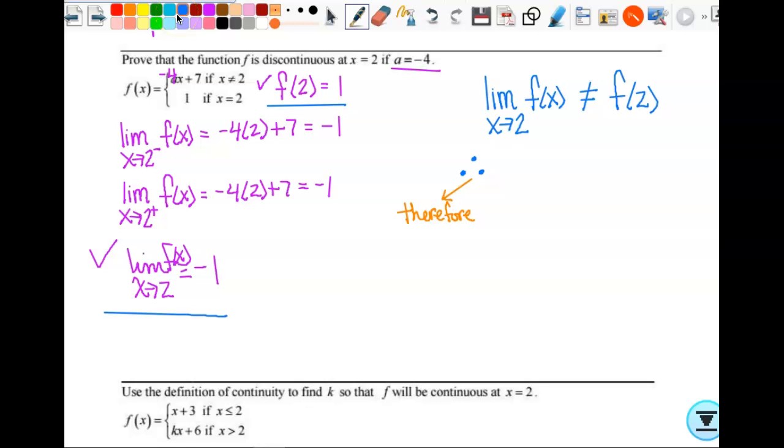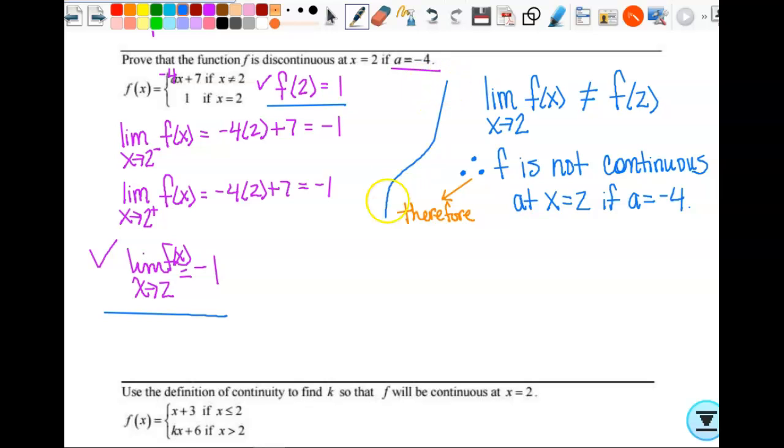That's what it means. That way you don't have to write out the big old long word. You're saying, therefore, f is not continuous at x equals 2 if a equals negative 4.